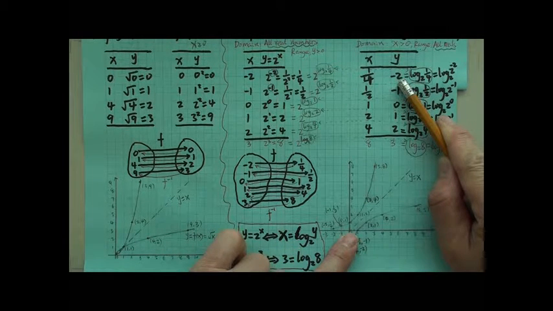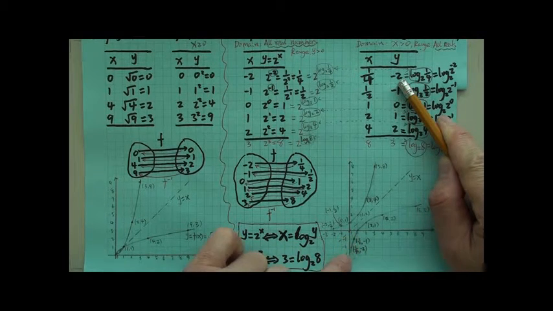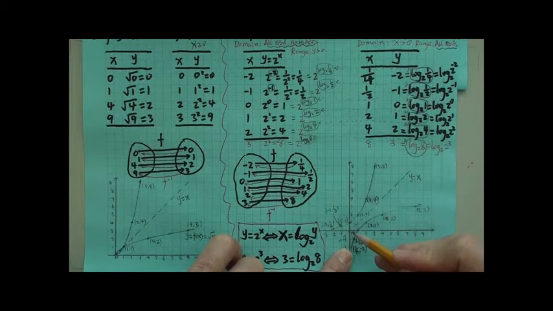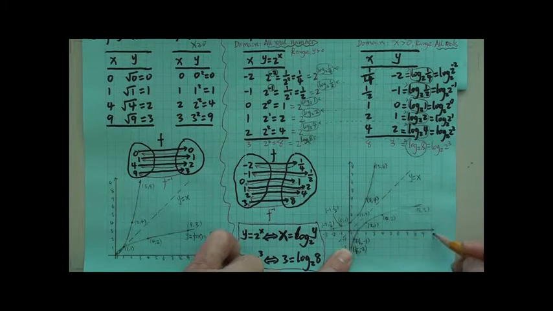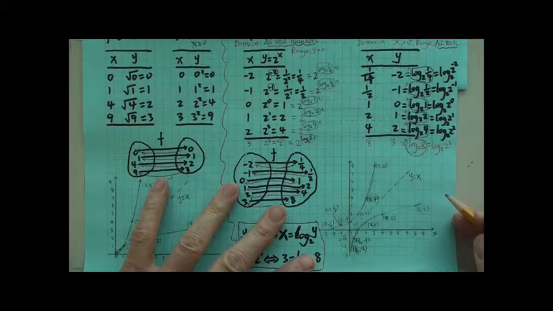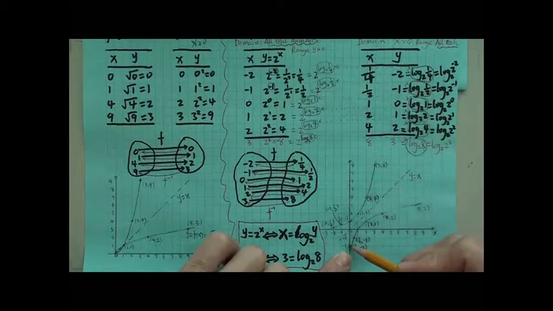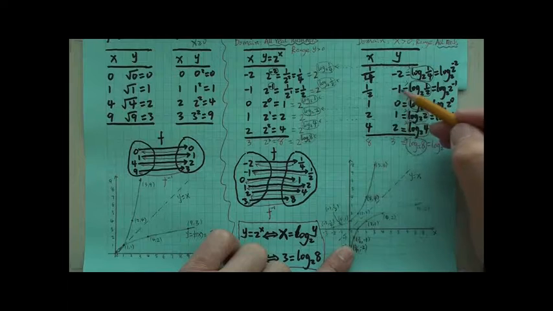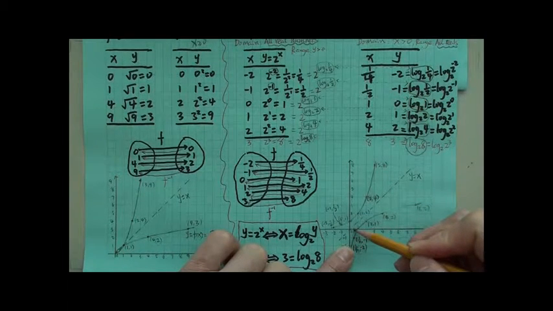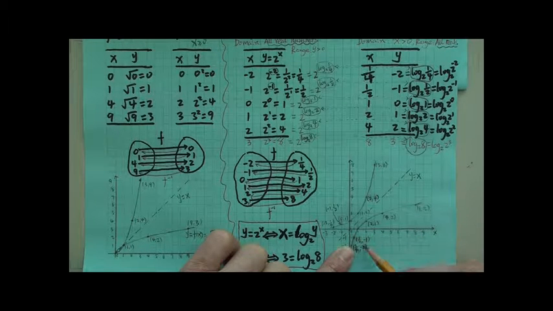Then we have here x is 1/4, which is positive, that's on this axis. This is x. And then y is -2, right here. So this point, 1/4, -2 right here. 1/2, -1. 1/2 is here, -1 is here. So that's the point.